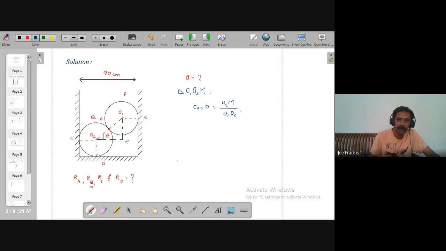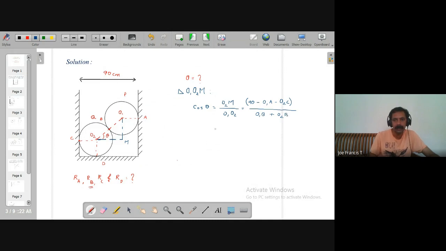So instead of O2M, you can write it as 90 minus O1A minus O2C. So this is your numerator. And the denominator is O1 O2, that is nothing but O1B, the radius of the first sphere, plus O2B, which is the radius of the second sphere.